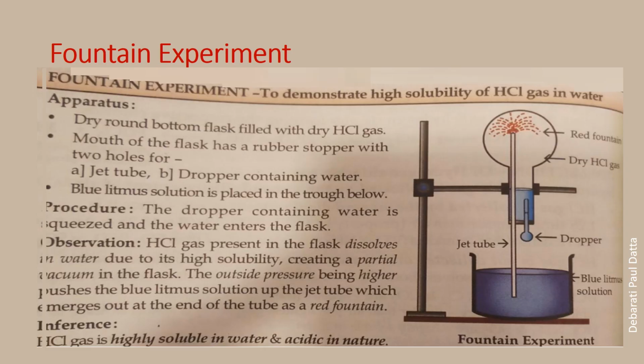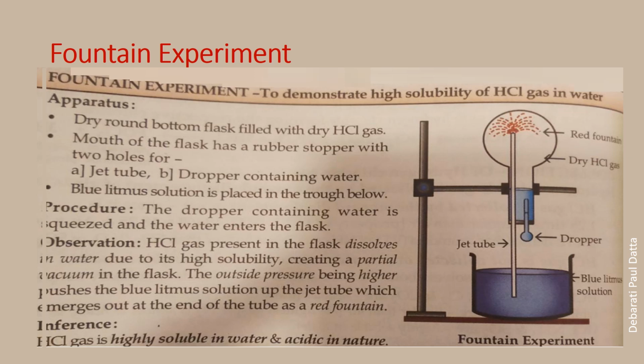The next very important part of this chapter is the fountain experiment. We carry out this experiment to demonstrate the high solubility of HCl gas in water. That means hydrogen chloride gas is highly soluble in water. Now, what all things do we need for this?